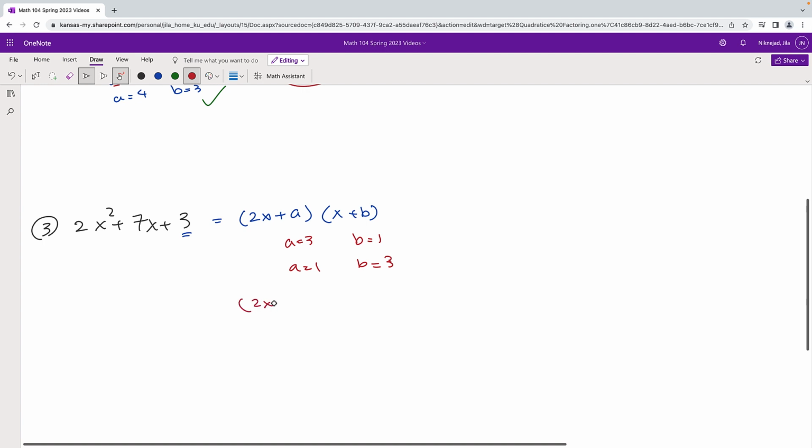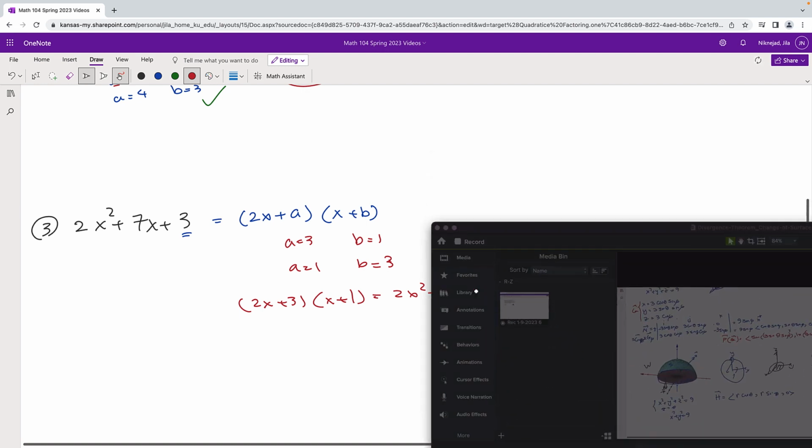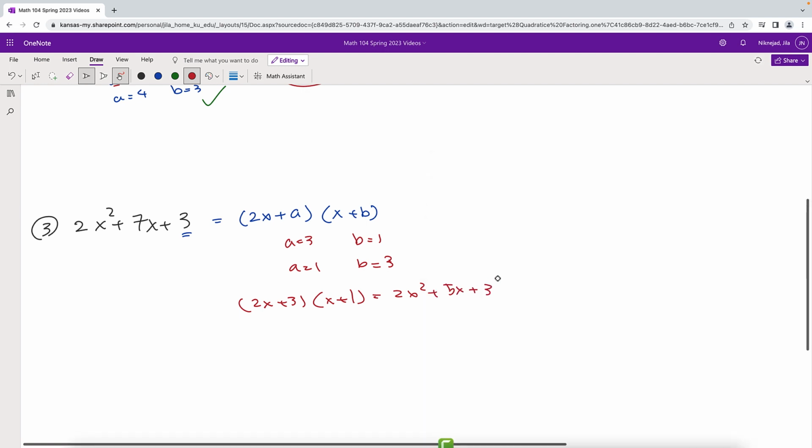So 2x plus 3 times x plus b, and what do I get? I get 2x squared, and then, oh, I'm sorry, b was 1 in this case. I'm trying the first one. And then I get 3x plus 2x, which is 5x, plus 3. So that's not the answer, actually.